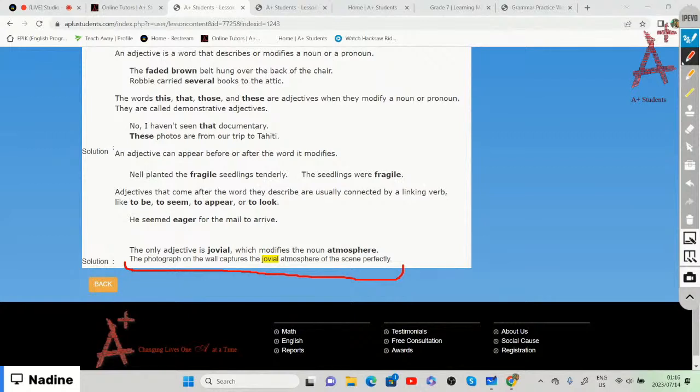It tells us about, or modifies, the noun, which is atmosphere. Jovial atmosphere. So our adjective is jovial and it modifies our noun, which is atmosphere.